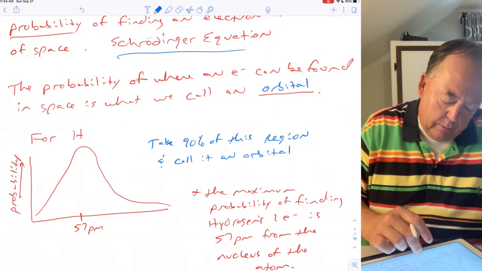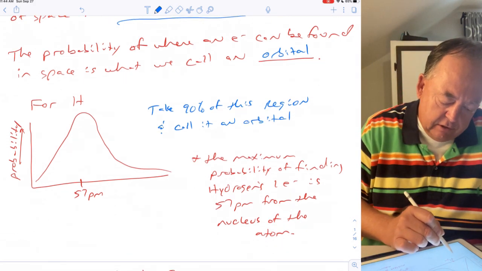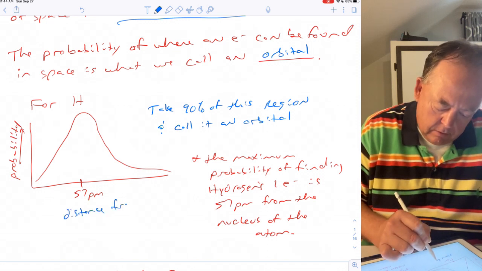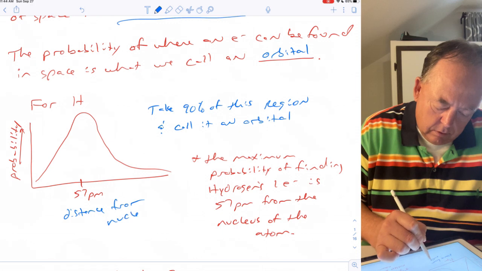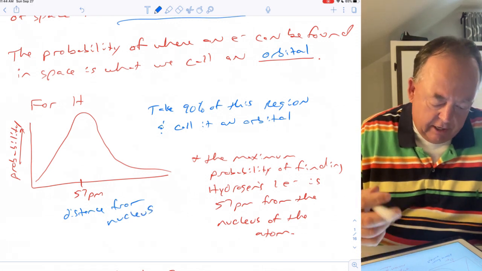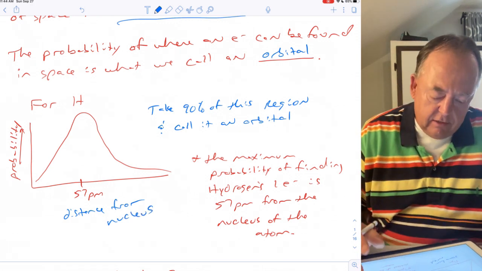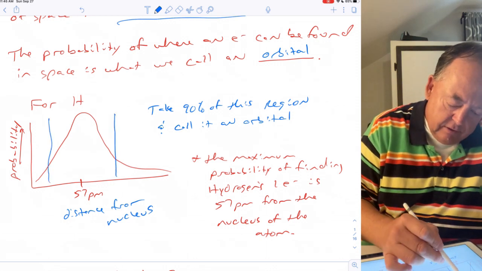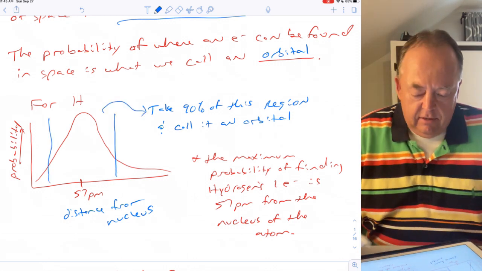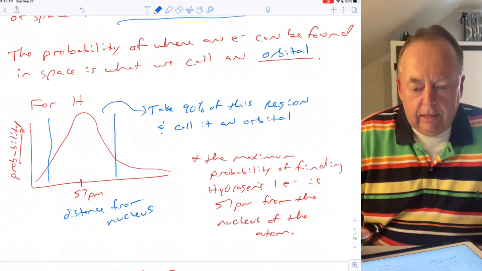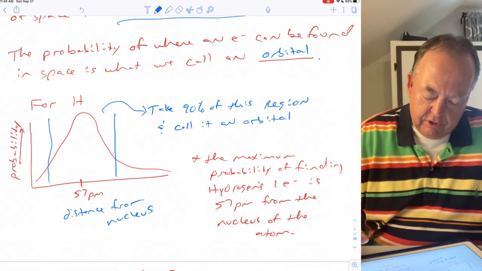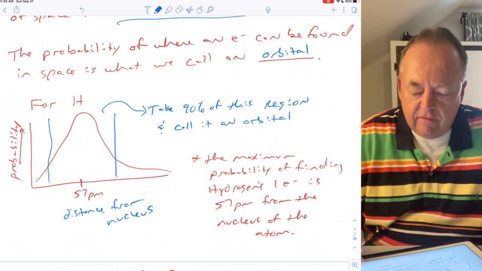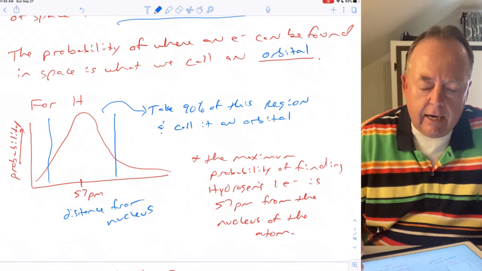So if we plot that, the probability versus the distance from the nucleus, for hydrogen, then you get a picture that looks like this. And so basically what's done then is to take 90% of this area, take 90% of that region, and we call it an orbital. So the maximum probability of finding hydrogen's one electron is 57 picometers from the nucleus of the atom.